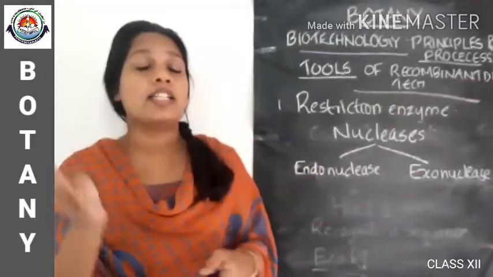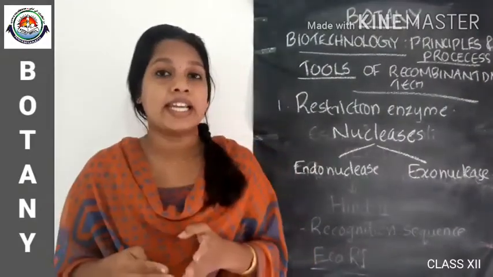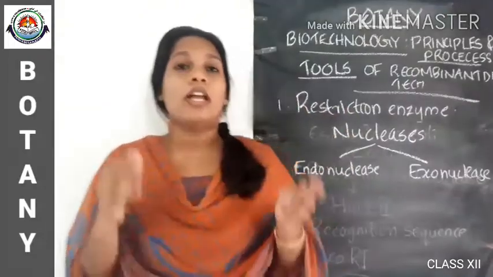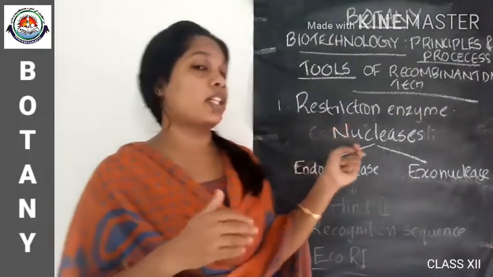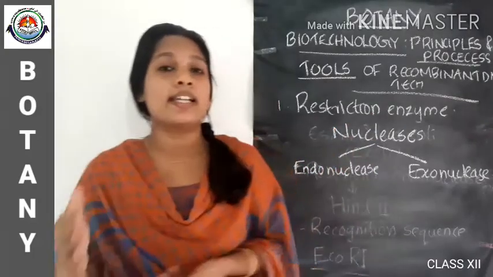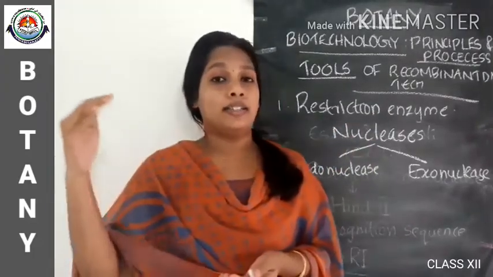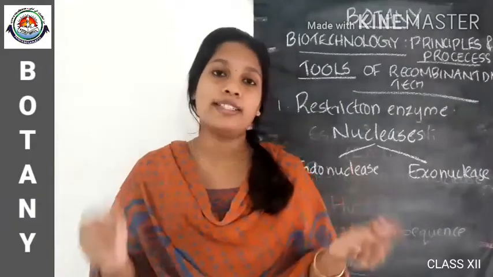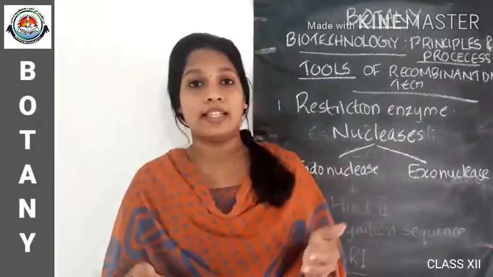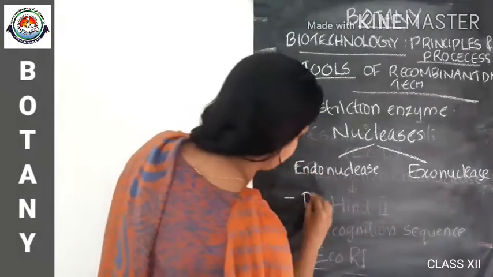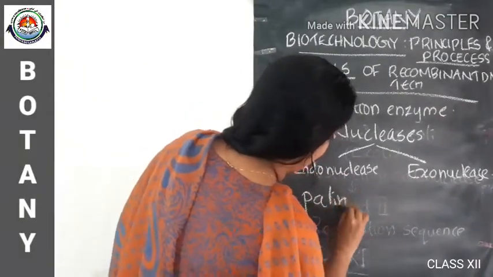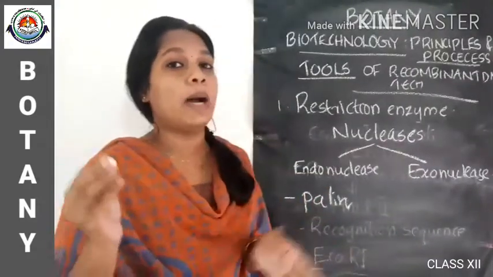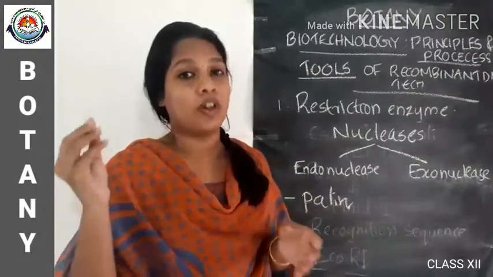That is, each phosphate bond of the DNA is cut by the restriction enzyme. And the activity of the restriction endonuclease is subjected only to the palindromic sequence of a DNA. What is a palindromic sequence?